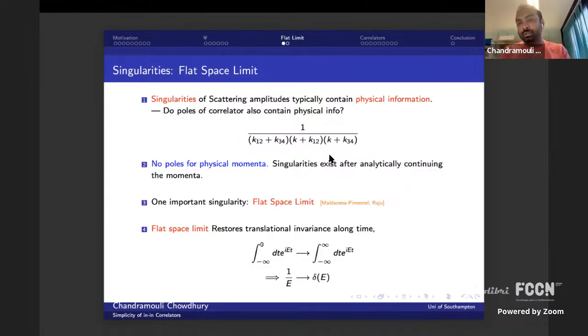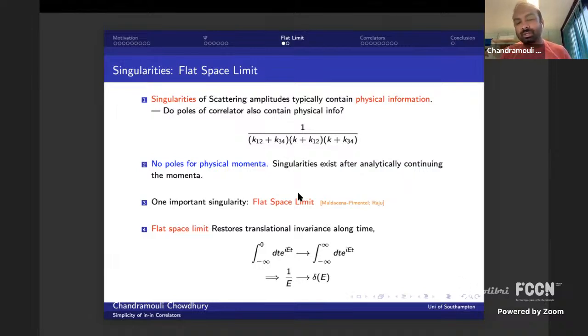Beyond that, you never have a singularity for physical momenta. So in order to see any singularities, you have to analytically continue the momentum. And one such important singularity is where the sum of external energies goes to 0, and it's known as the flat space limit.